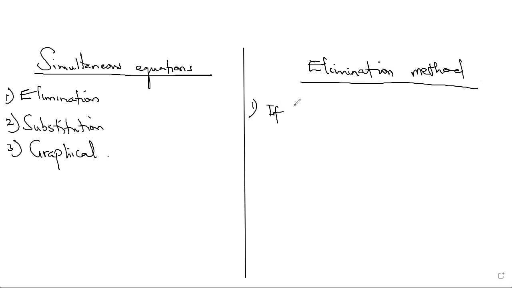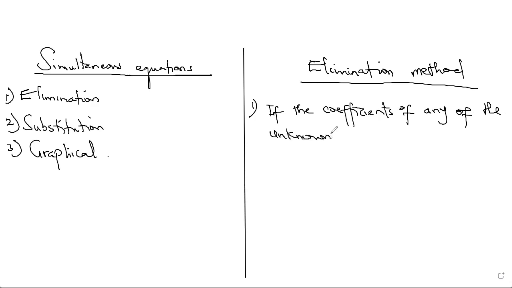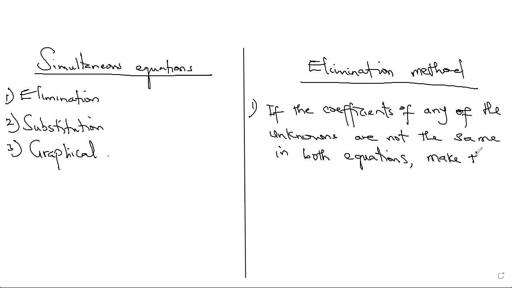So, if the coefficients of any of the unknowns are not the same in both equations, make them equal by multiplying by appropriate numbers.